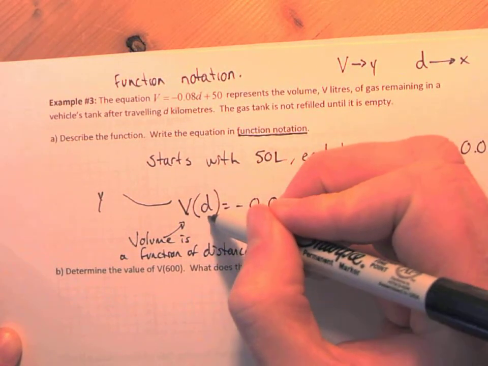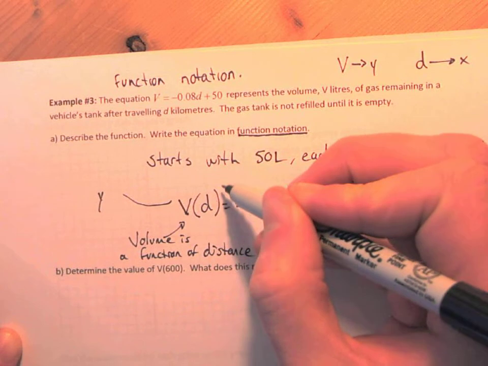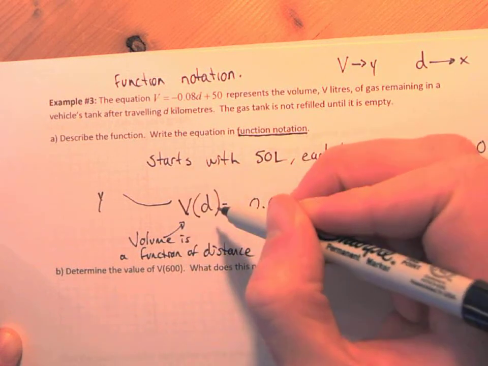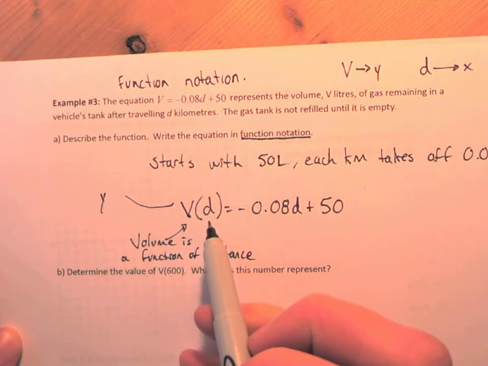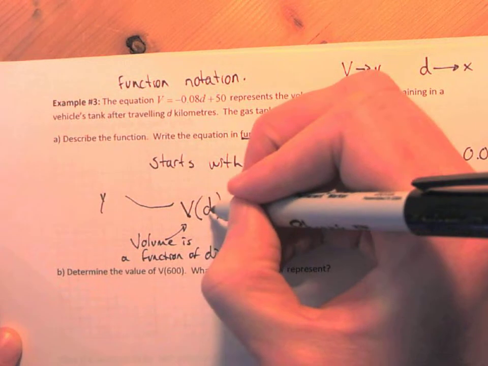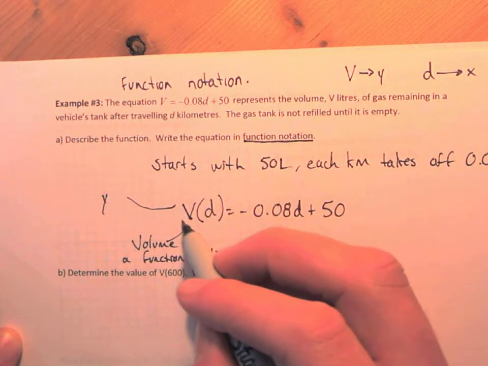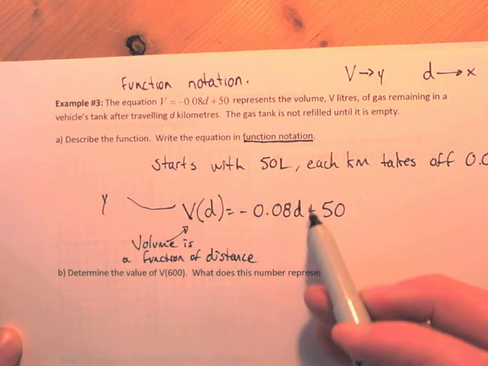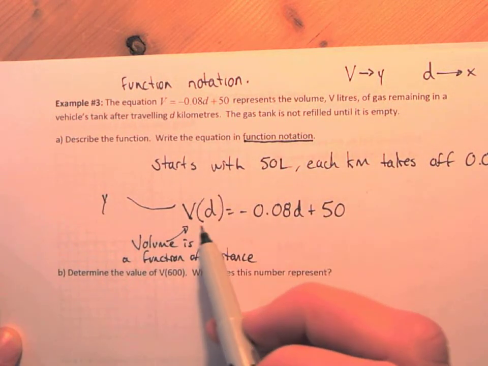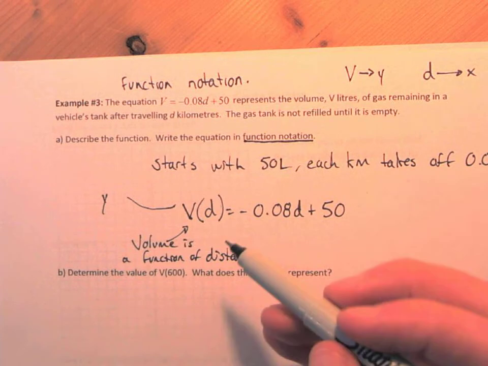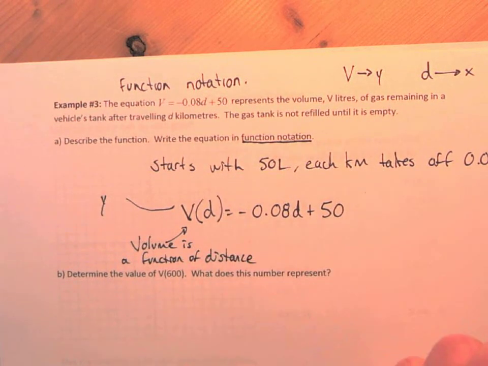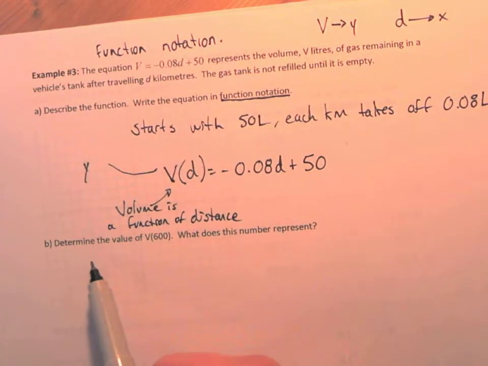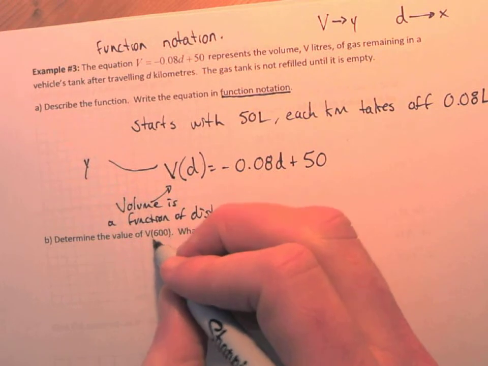So it doesn't mean multiply at all, which is very confusing. So you have to remember this v of d is just one variable. It's just a y. Y equals this. They just have that d there in brackets to show you that this volume depends on your x unit, which is distance. So here, determine the value of v of 600.